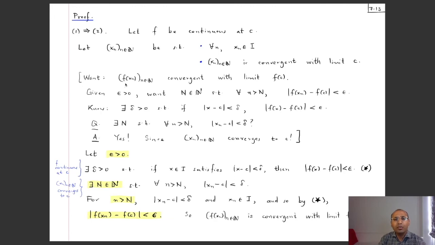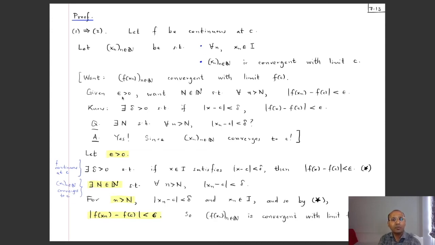What does it mean to say that f of xn converges to f of c? Okay, which is what we want to prove. We want to prove that given any epsilon positive, there exists an index n such that beyond that index, the distance of the nth term to the claimed limit, which is f of c, is less than epsilon. So this is the statement we want to prove. What do I know? I know that the function is continuous at c.